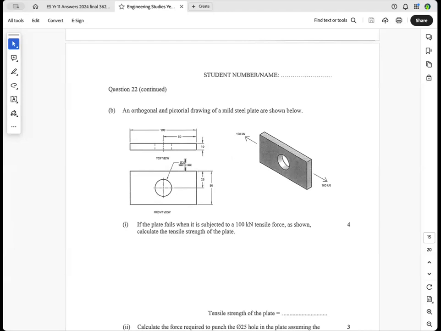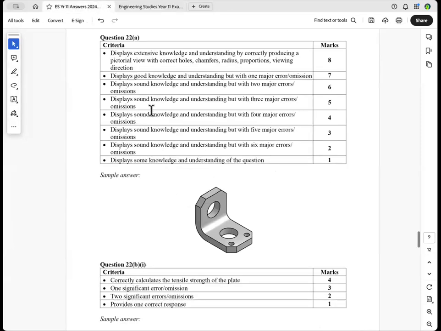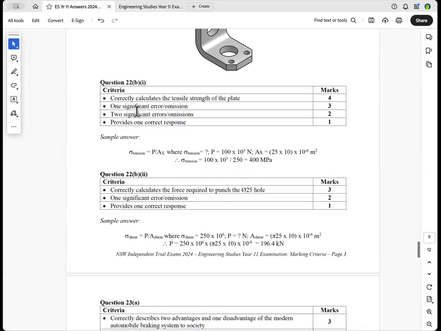So the amount of metal that's left is 50 minus 25, so it's 25, the area of failure will be 25 millimeters by 10. That's how thick it is. So let's have a look. So the tension, you've got the load on it and the area.